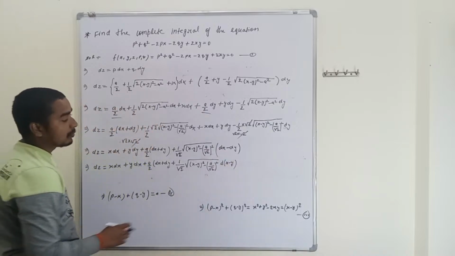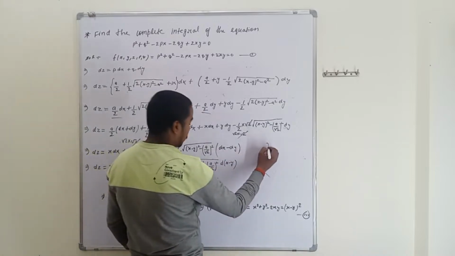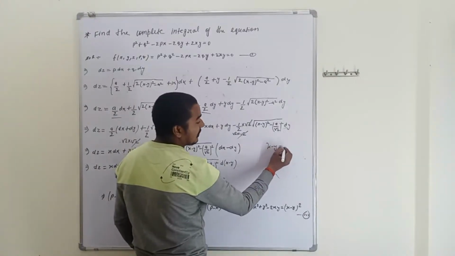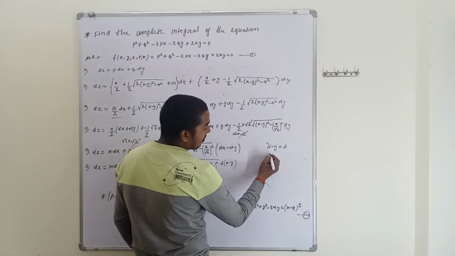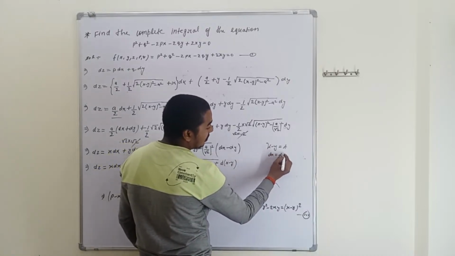Now we let x minus y equal to t; on differentiating, d(x minus y) is equal to dt.